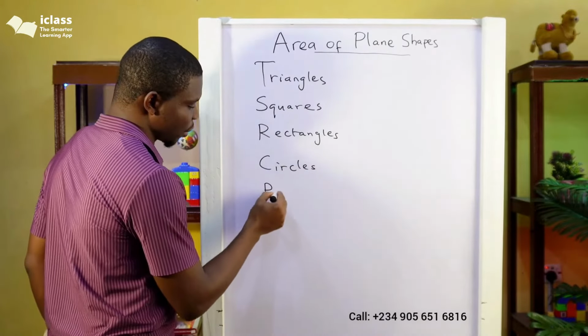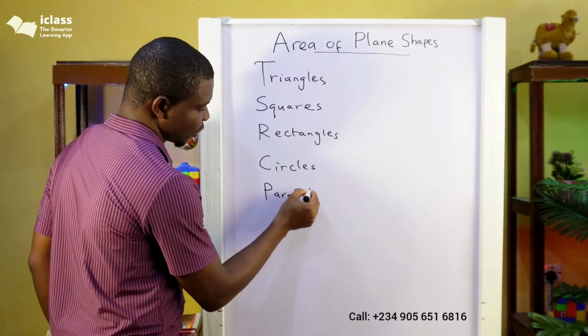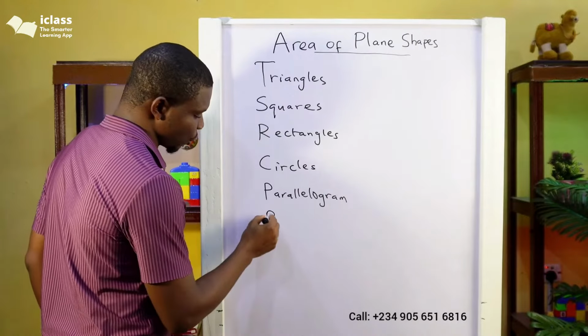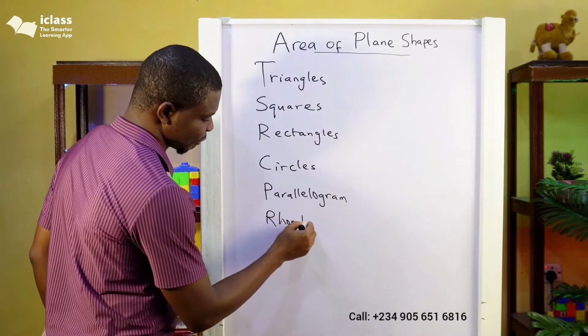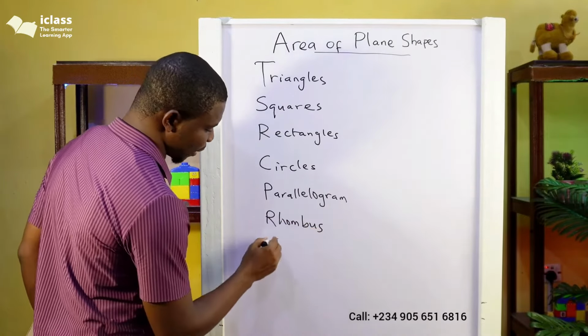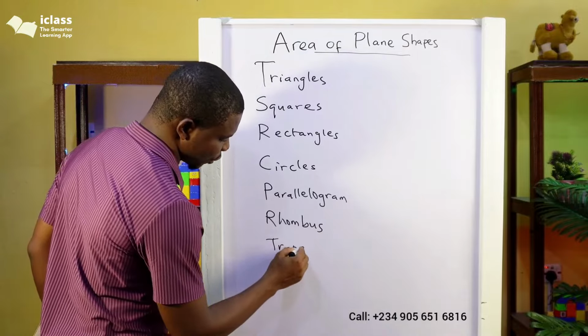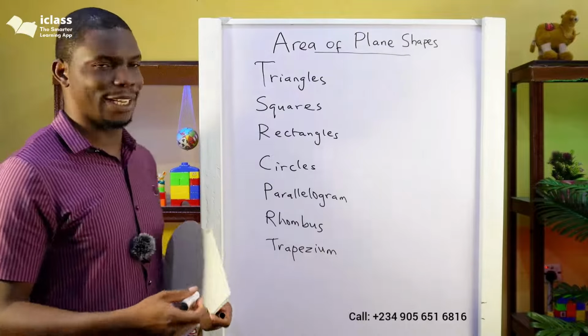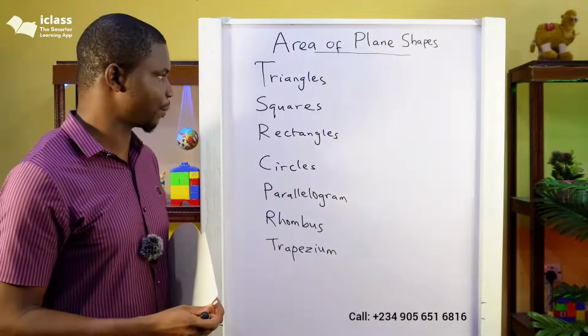How about parallelogram? How about rhombus and trapezium, and so on and so forth? These are common examples of plane shapes.